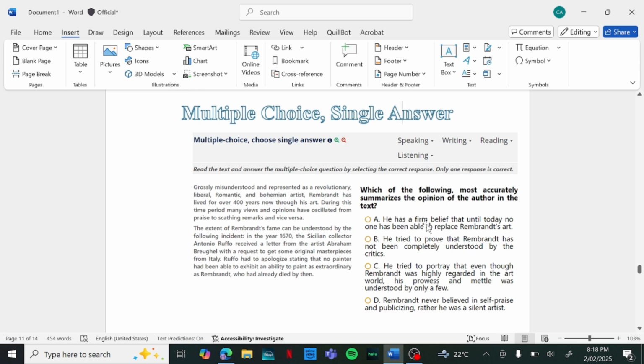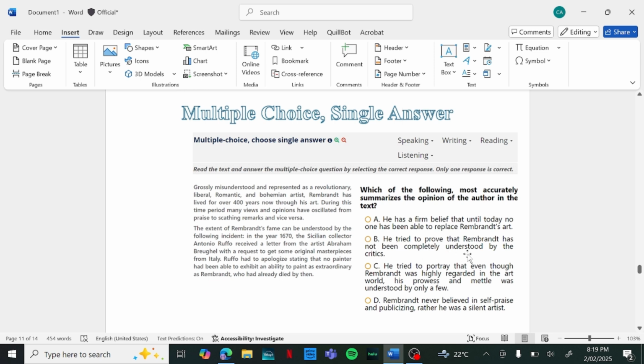This is a very current thing. It doesn't say currently no one has been able to. This is back in the year 1670. Rufo said this in 1670. That was years ago. He didn't say until today. There's no part where it mentions until today. So we're eliminating this answer simply because there was no part where it mentioned that they are looking at recent times. This was back in the year 1670.